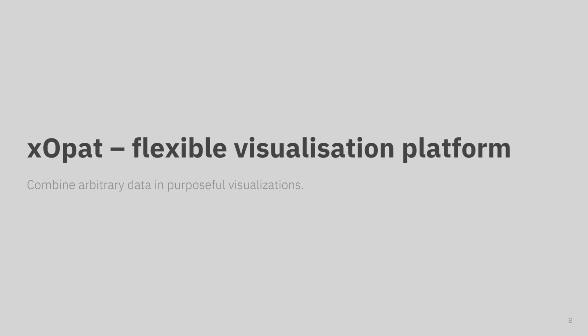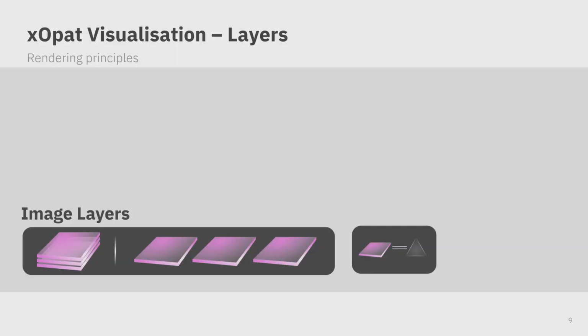In the first part, we described the xOpat viewer as a flexible visualization platform. In xOpat, we can render simple tissue images without adjustments, superimposed or one at a time. Each layer represents exactly one image. This is pretty common in most of the viewers.